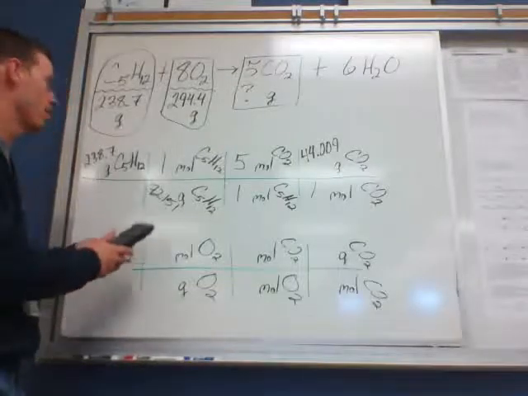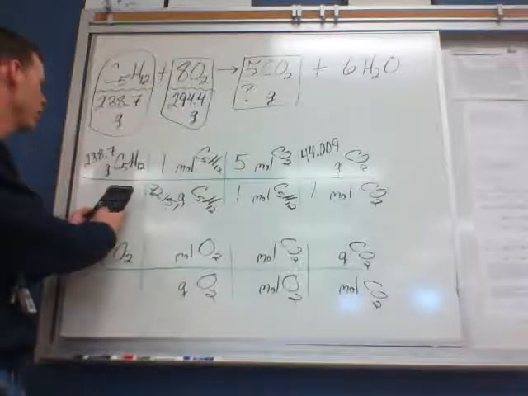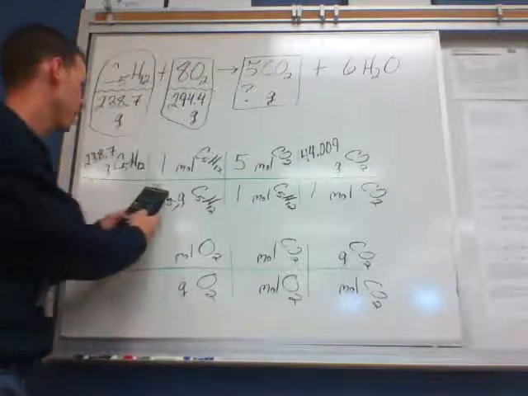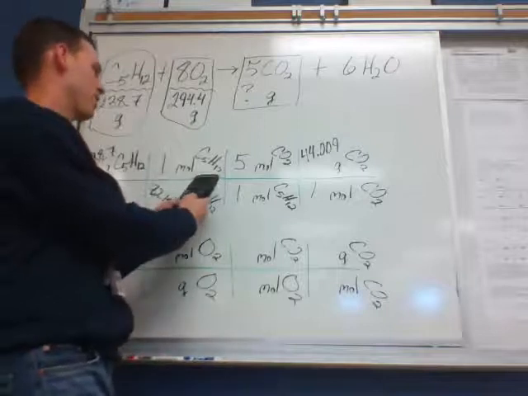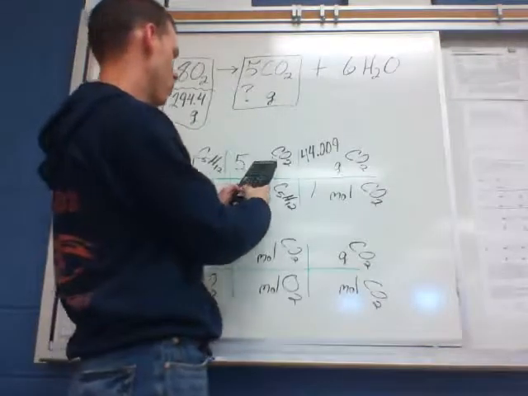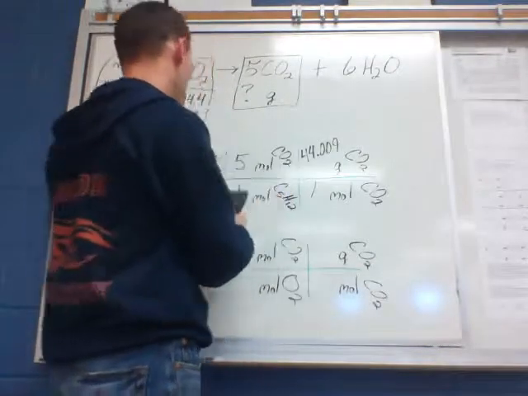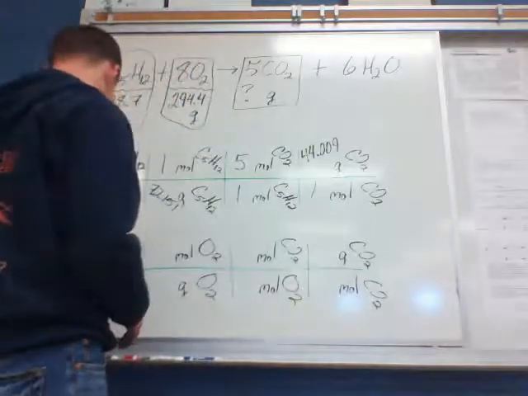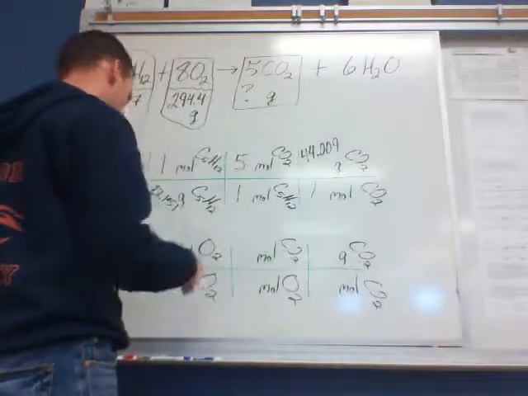Running the numbers in the top grid. 238.7 times 1 times 5 times 44.009 is going to give you a big number when you're just running the top.